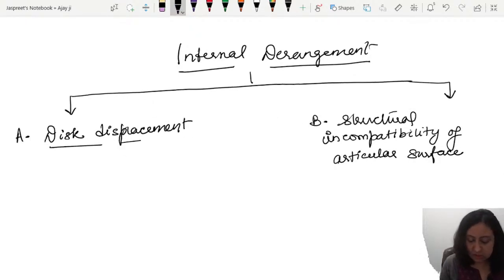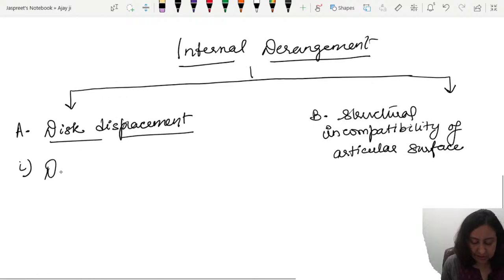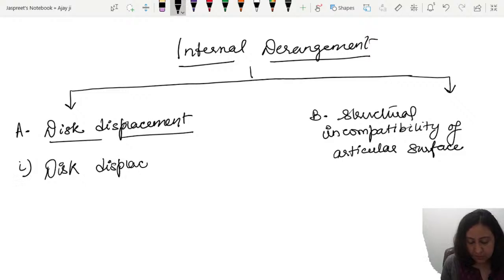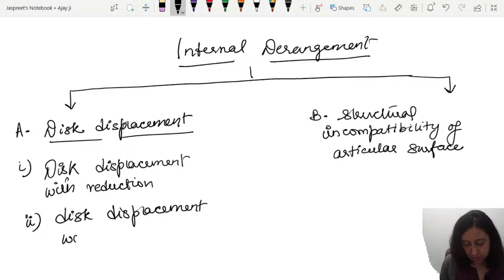Now, disc displacement can be of two types. Please write down. The first one is disc displacement with reduction. The second one is disc displacement without reduction.